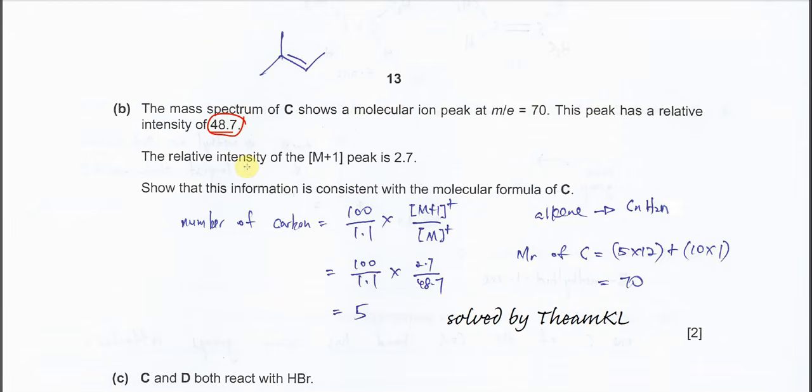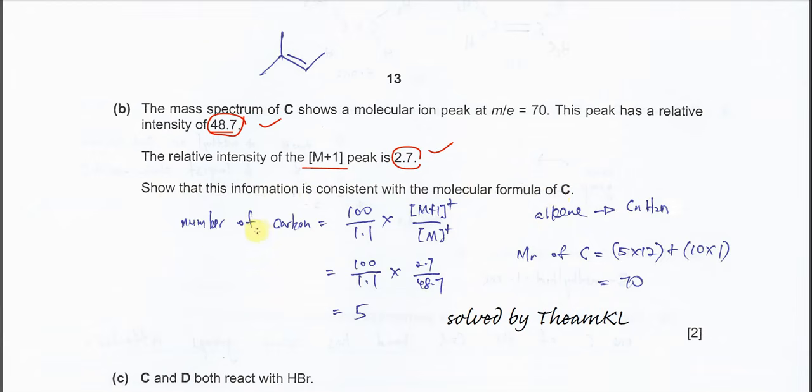Also given, the M+1 peak is 2.7. So now it's given M and M+1 and their relative intensities. We need to use this information to calculate the carbon number. Show that this information is consistent with the molecular formula of C.